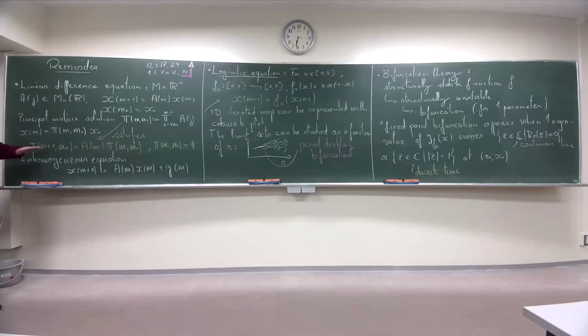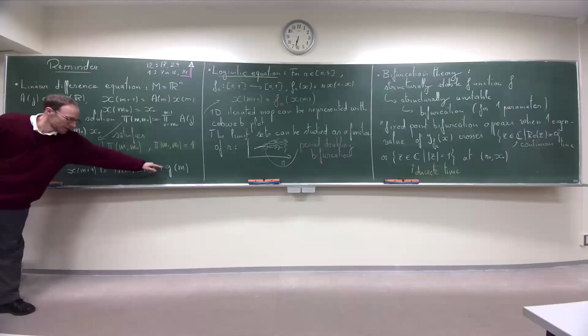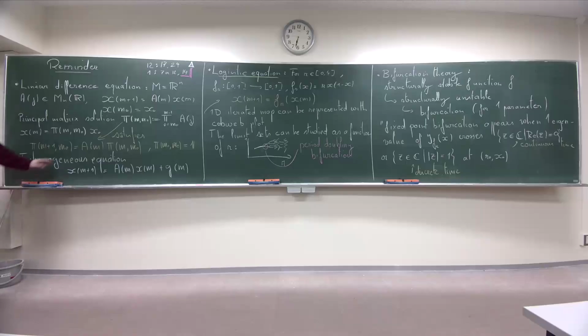So it's quite simple in this case to write all solutions. And there also exists an inhomogeneous difference equation where you have a second term. This is a vector which depends on m, but again, we have an explicit solution. So in that respect, discrete time is simpler than continuous time, because we can really write the solution explicitly, while it was not the case so explicitly for continuous time. That's all for this linear difference equation.